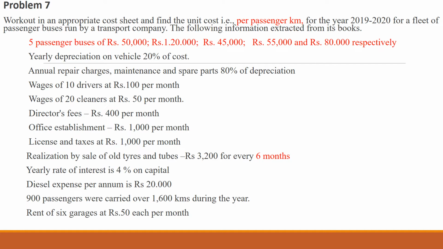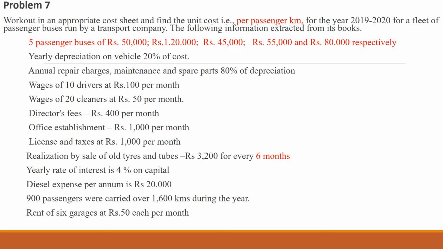Then realization. This is very important in this problem. Realization by sale of old tires and tubes, rupees 3,200 for every 6 months. See, every other item is an expense, but this is not an expenditure, this is income. The transport company incurs all other expenses, but it realizes rupees 3,200 by sale of old tires and tubes every 6 months.